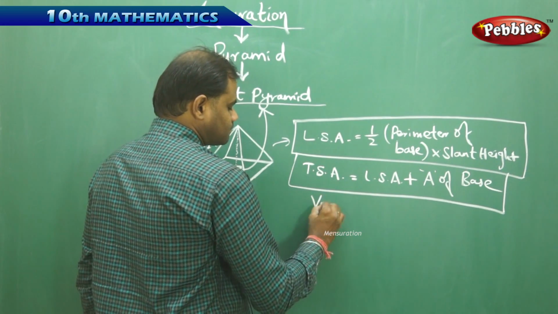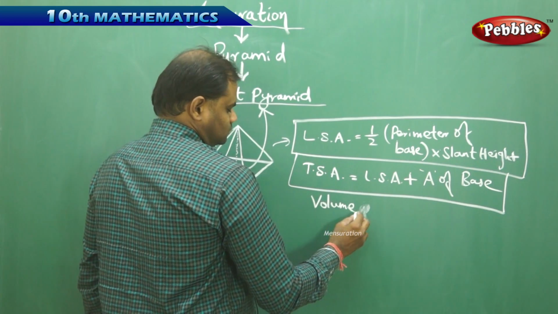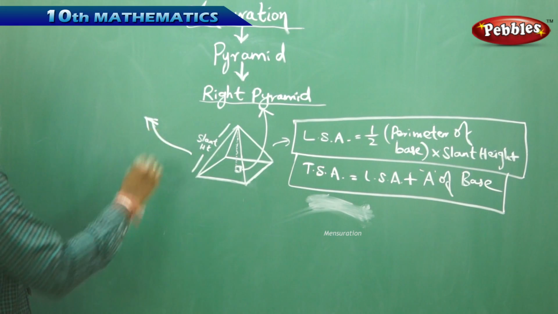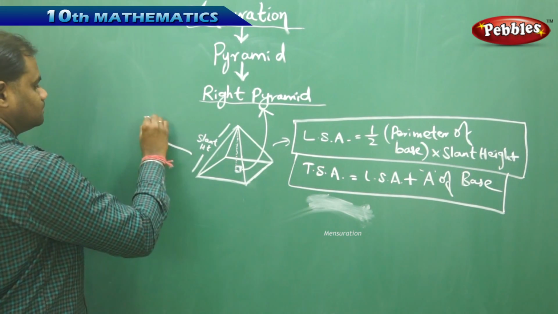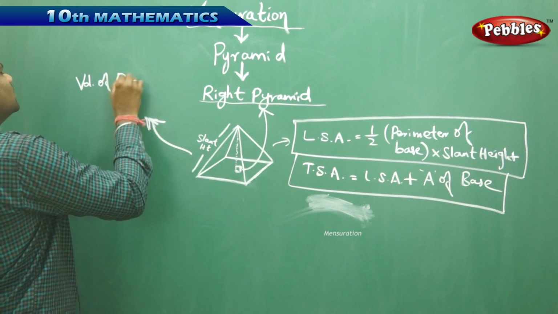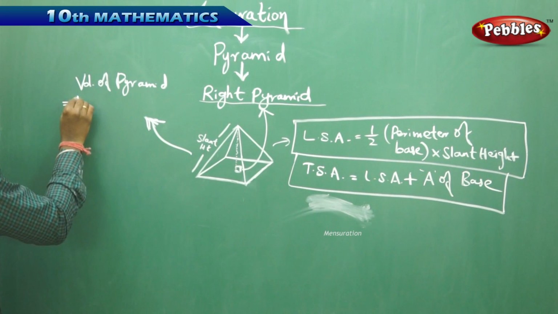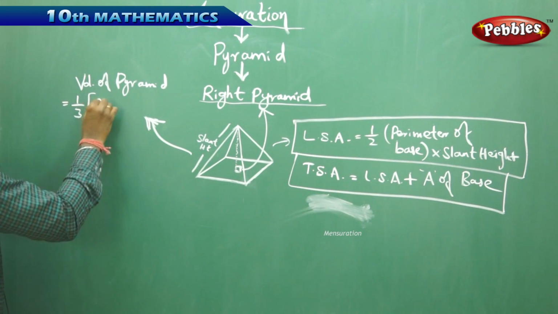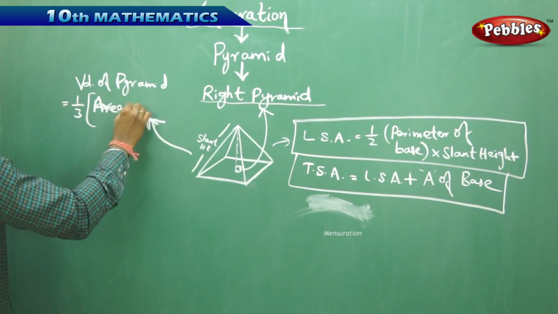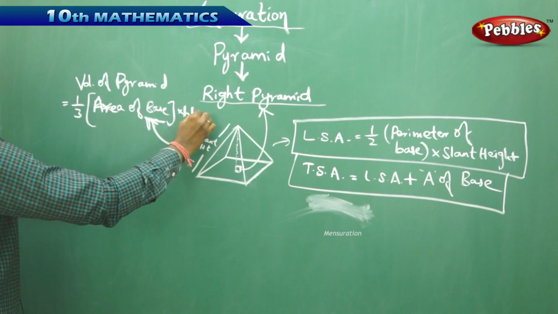Next comes volume. So what is the volume of a pyramid? How do I find the volume? The volume of pyramid is given by 1/3 of area of base into height.